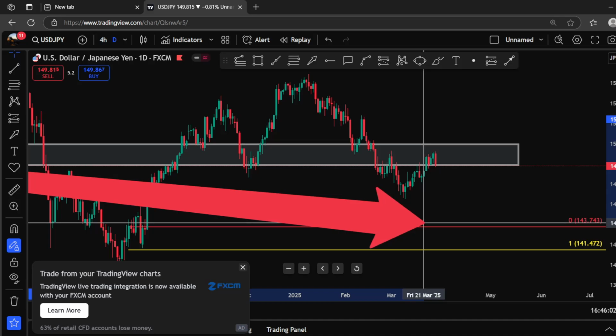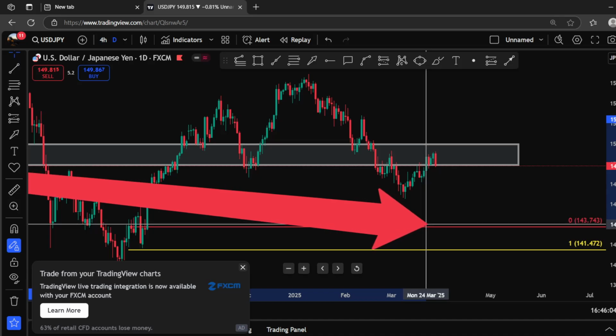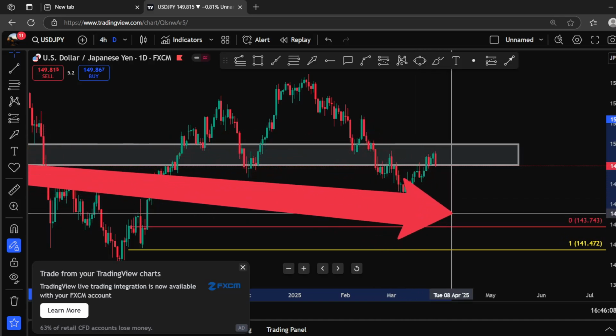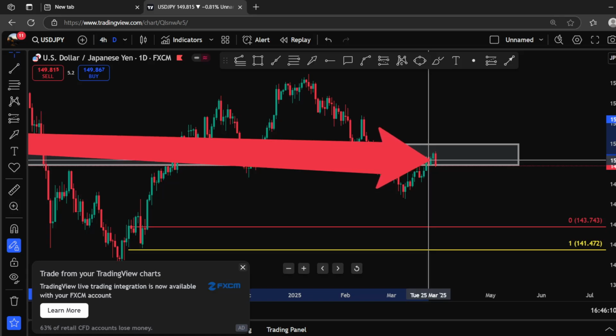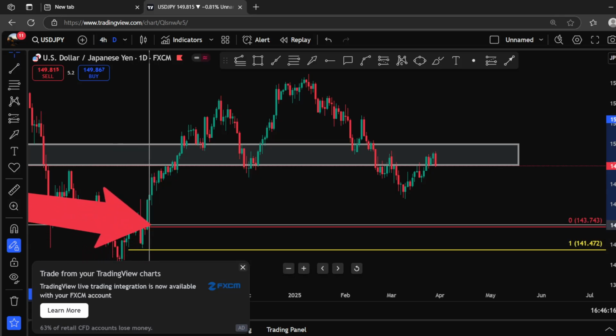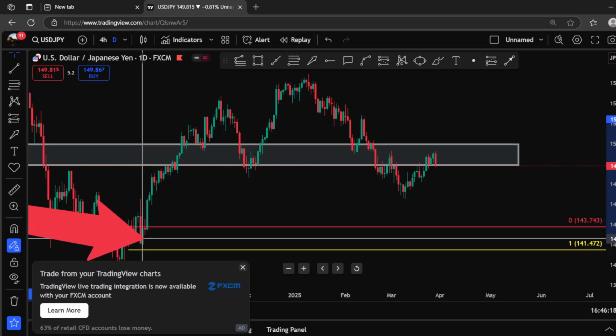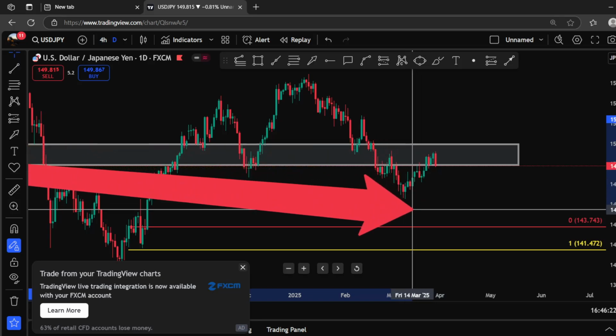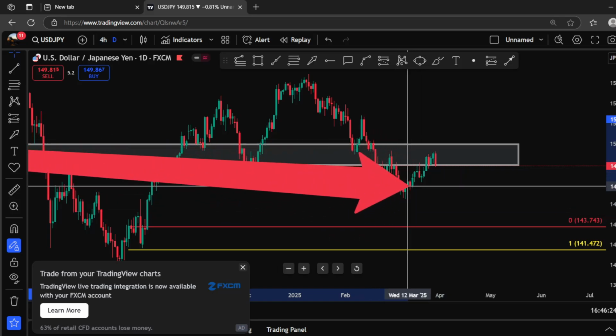This is the demand zone where we'll be expecting to take a trade if price comes back down, which I believe is possible. So watch out for this demand zone to take your long trade on the USD Japanese yen when that happens. Set an alarm to prompt you.